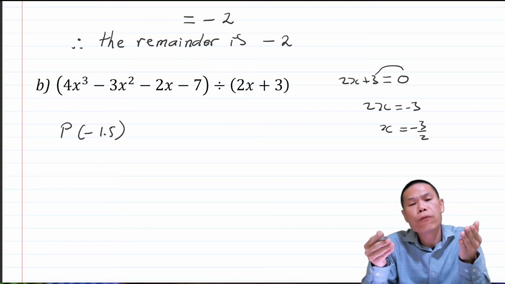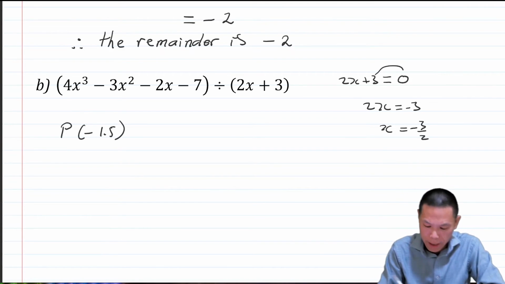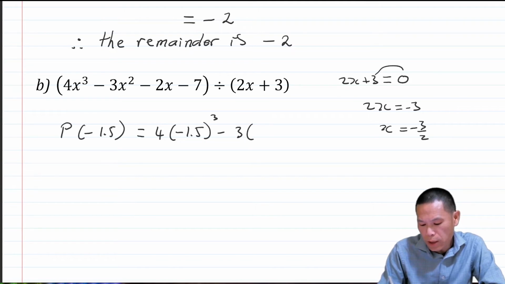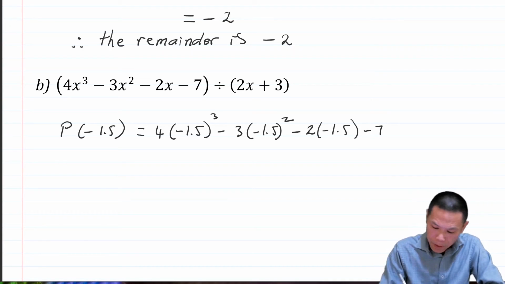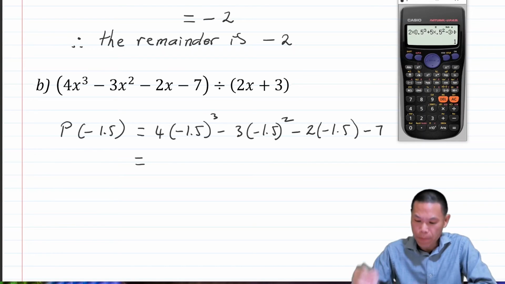Or 3 over 2 if you like, but it's easier to just put negative 1.5 on the calculator. So that is equal to 4 times negative 1.5 to the power of 3 minus 3 times negative 1.5 squared, and minus 2 lots of negative 1.5 minus 7. So now I just put it in the calculator.